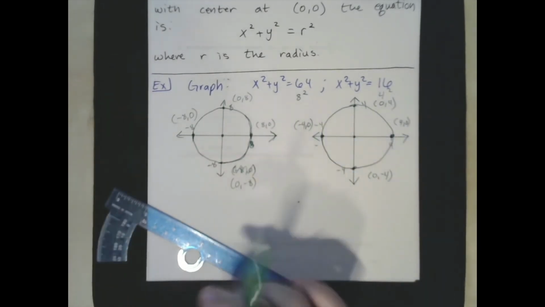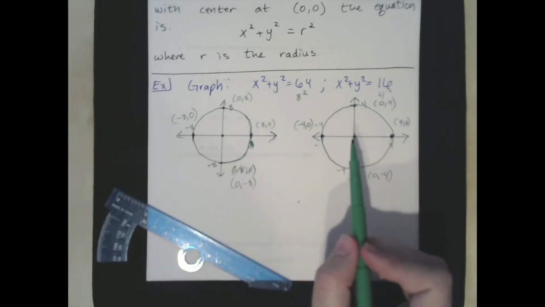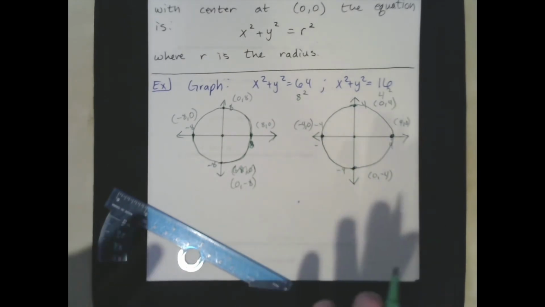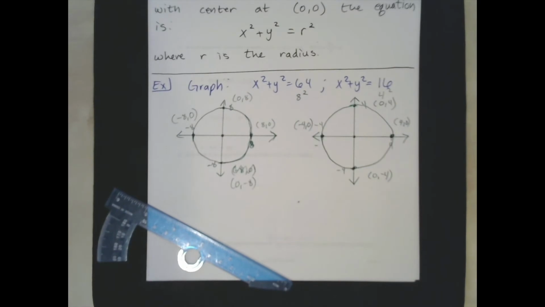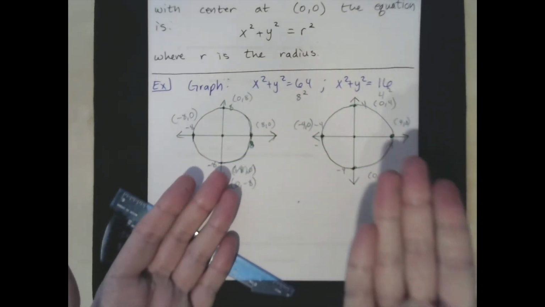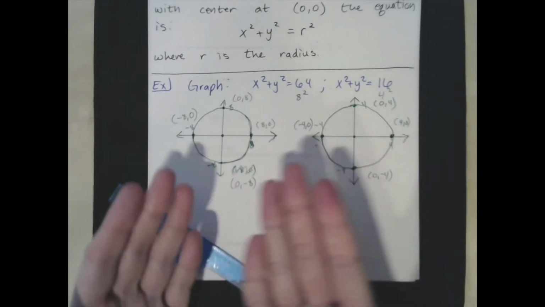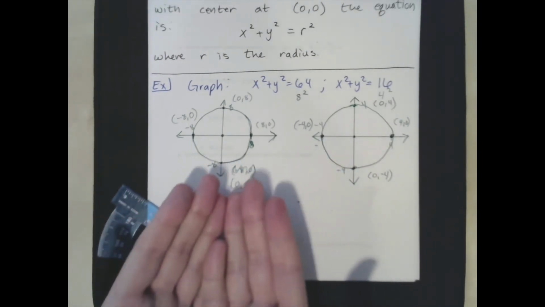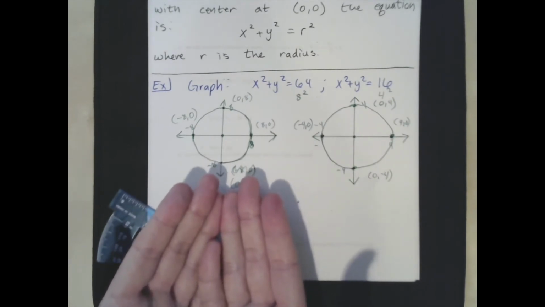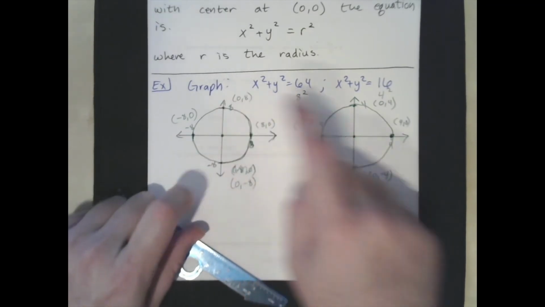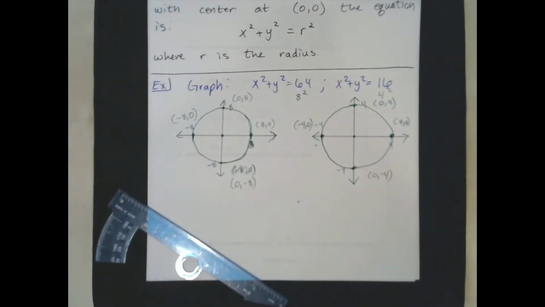Now, we don't actually put a point for the center because the center is actually not technically on the circle. But look at what I've done. If you look at these two circles side by side, I have made the circle with radius 4 look larger than the circle of radius 8. Because circles all look the same when they're centered at the origin, if you only have these 4 points, you can really change how these look on different axes.